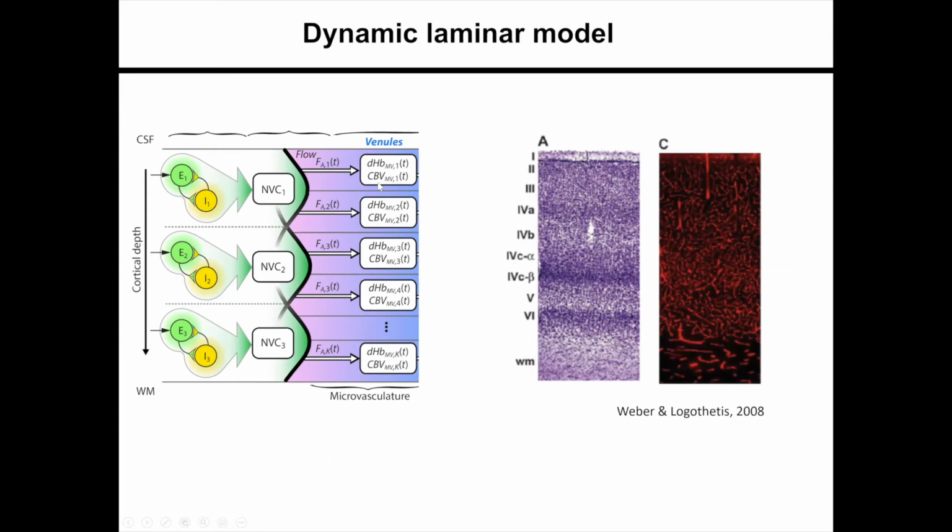Now, the previous model I have shown would correspond to one layer of neuroactivity and vascular changes. However, when we go to high resolution fMRI, we have encountered an additional problem.